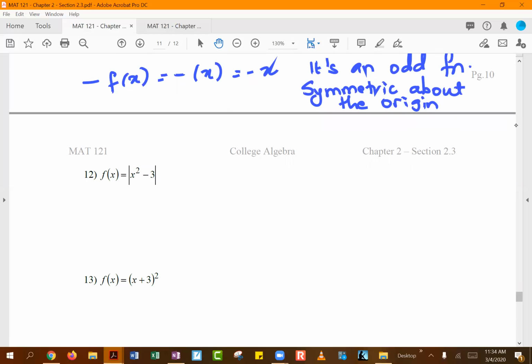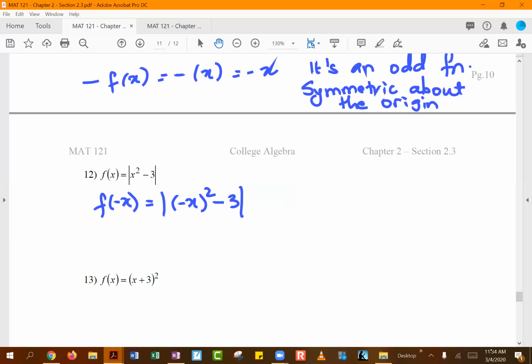12, which is the absolute value of x squared minus 3. So if I put in negative x for my x value, what am I going to get? Think about this.